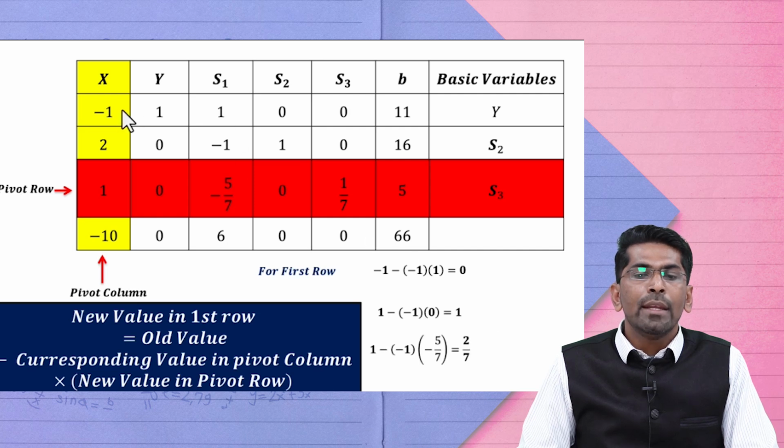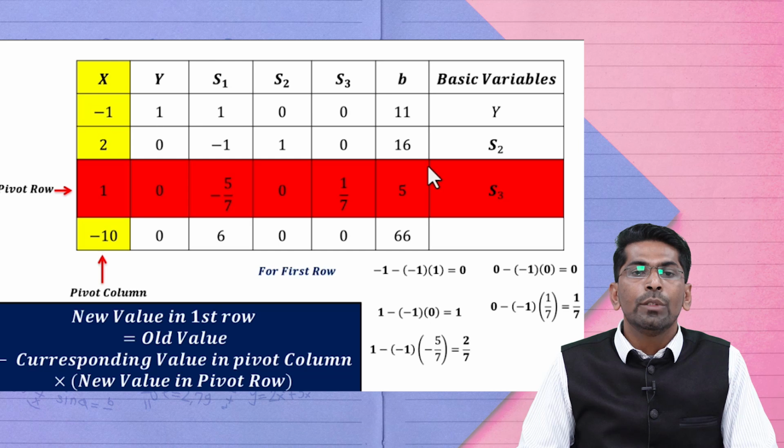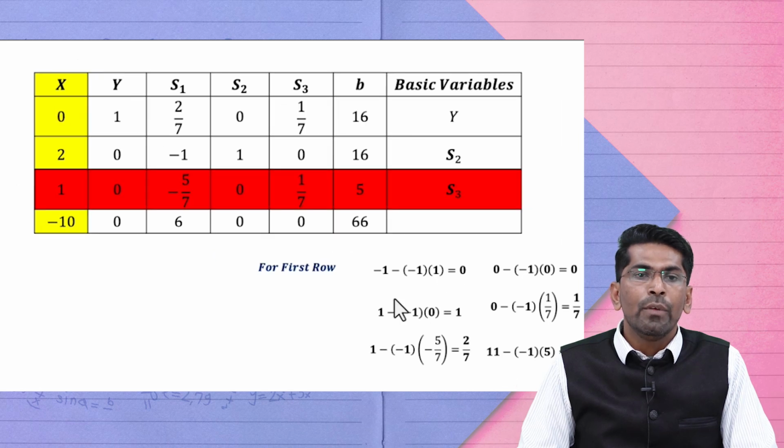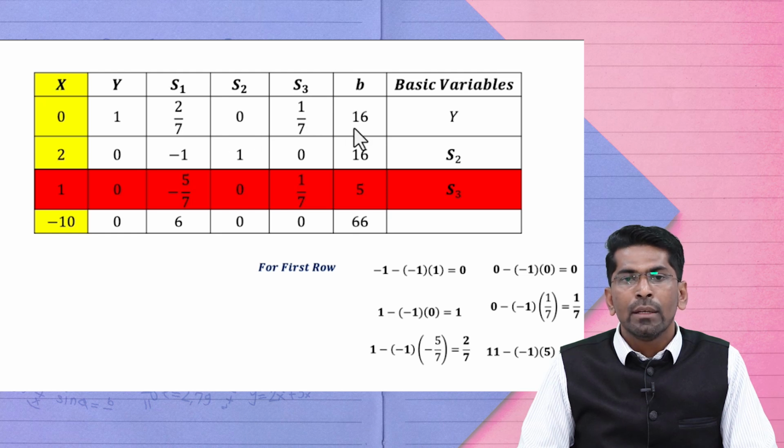Then 1 minus minus 1 into minus 5 by 7 is equal to 2 by 7. 0 minus minus 1 into 0 is equal to 0. Then 0 minus minus 1 into 1 by 7 is equal to 1 by 7. Then the last one, 11 minus minus 1 into 5, is equal to 16. So all the old values in the first row we are going to replace with the new calculated values. So it will become 0, 1, 2 by 7, 0, 1 by 7, 16.